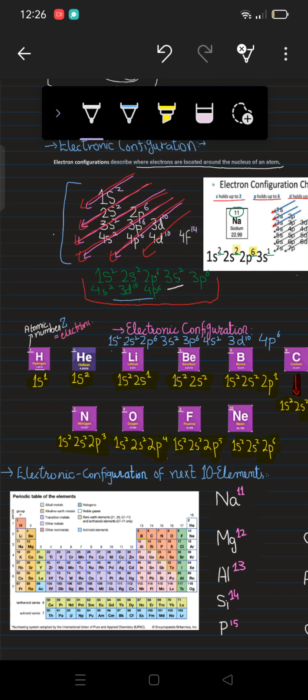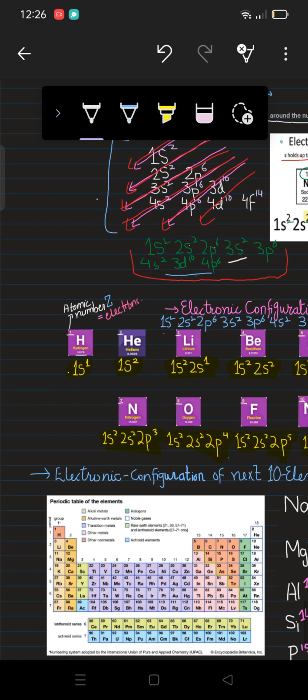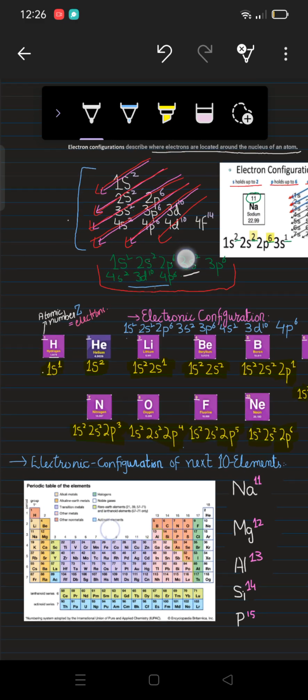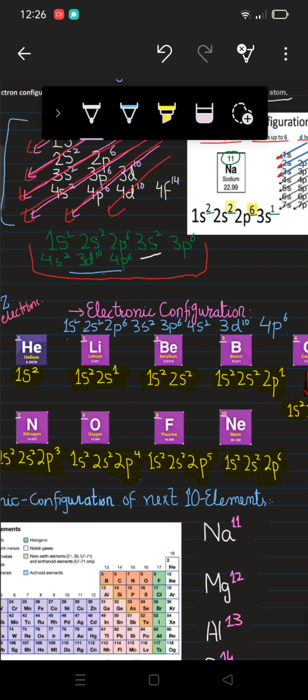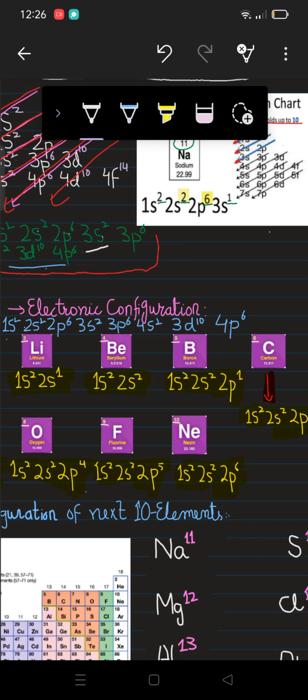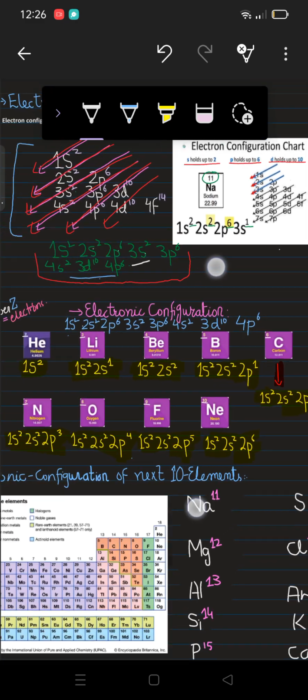So with the help of this, we have our electronic configuration of the initial 10 elements of the periodic table. Initially we discussed hydrogen. Hydrogen's electronic configuration is 1s1, then helium 1s2, lithium 1s2 2s1, beryllium 1s2 2s2, boron 1s2 2s2 2p1, and carbon 1s2 2s2 2p2.